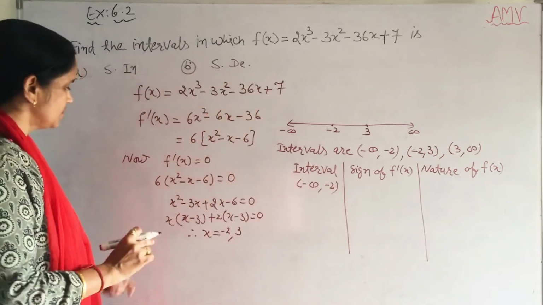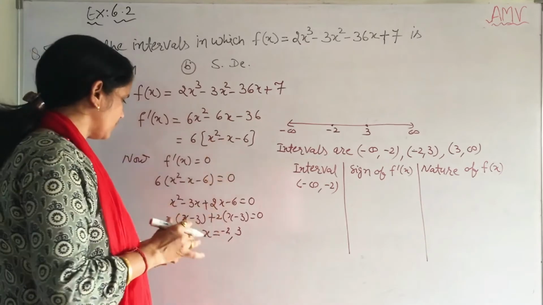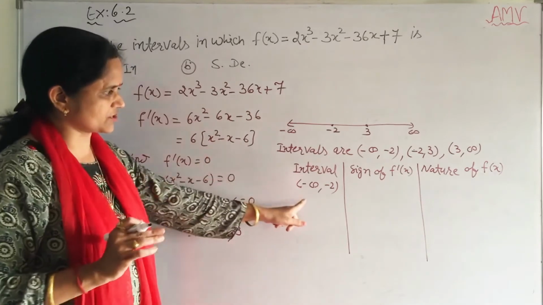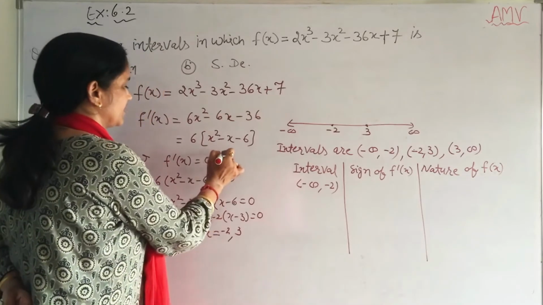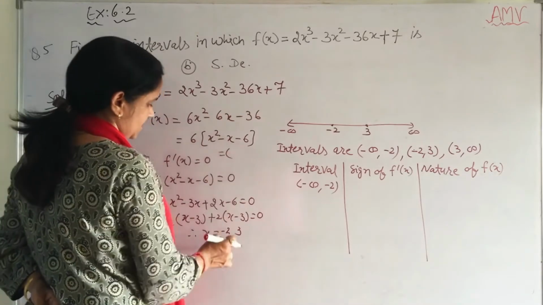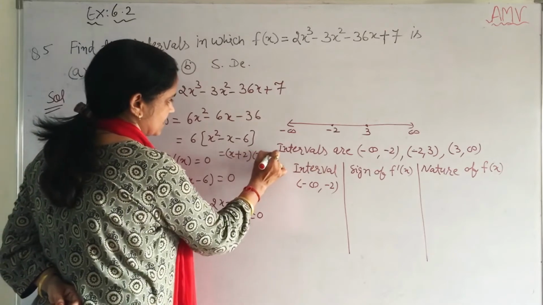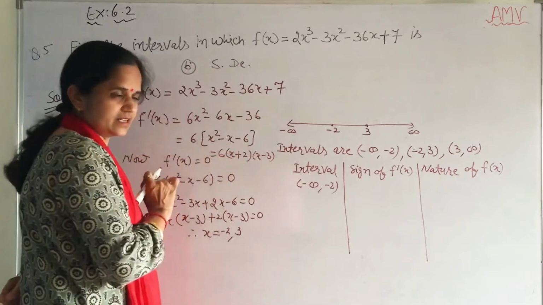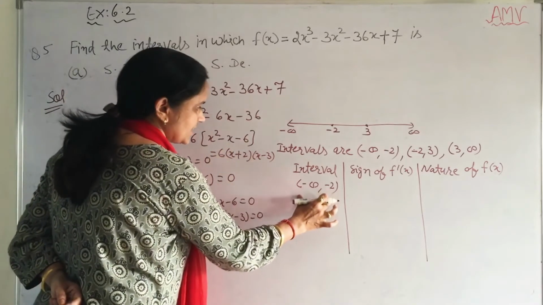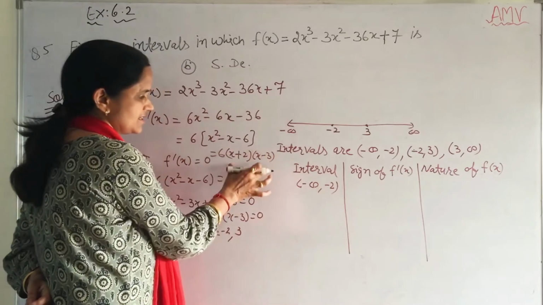First, I am writing the interval minus infinity to minus 2. Now see, f dash x is this. We need to check whether the value of f dash x is positive or negative in this interval. You can write in factor form, students; it would be easy. So it's x plus 2 and here x minus 3. Now substitute any value between minus infinity and minus 2 in this interval.